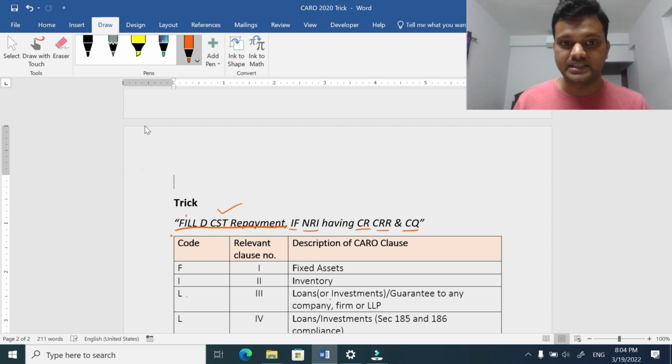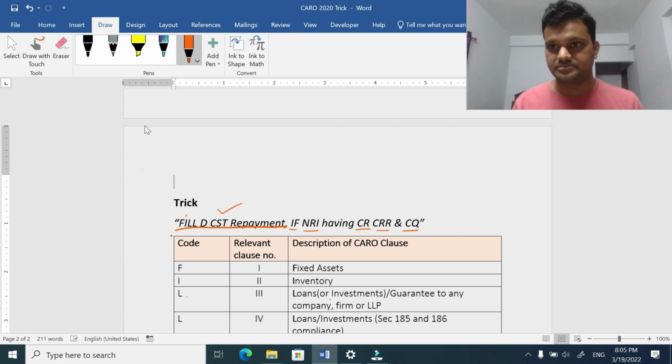When we need to fill the CST repayment: if NRI, non-resident Indian, having credit CRR and CQ. CRR means cash reserve ratio. In the bank audit, you might have seen this word. And CQ is two alphabets you will be able to remember. The full statement: Fill the CST repayment if NRI having credit CRR and CQ.